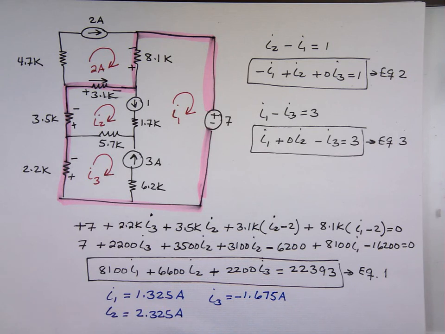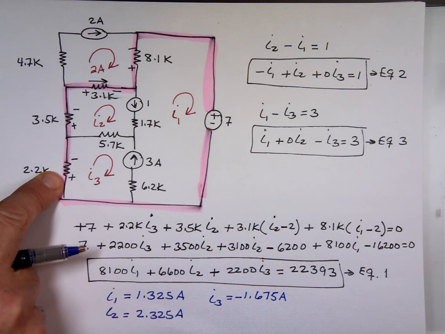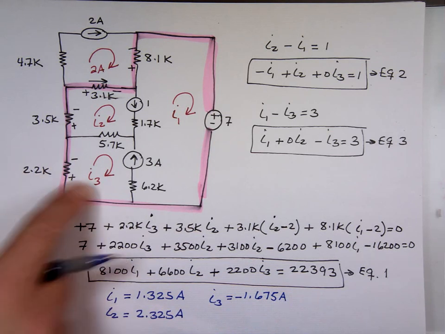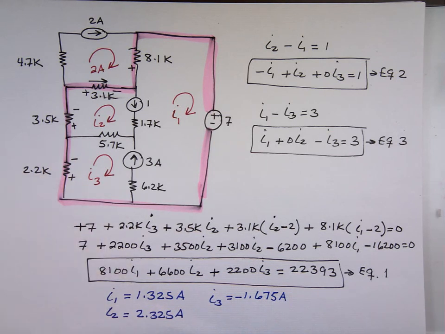Once I have them, any question you want to know, I can solve it. You want to know this voltage? 2.2K times I sub 3. The question was to find I sub 1, I sub 2, and I sub 3, but that's how you find them.